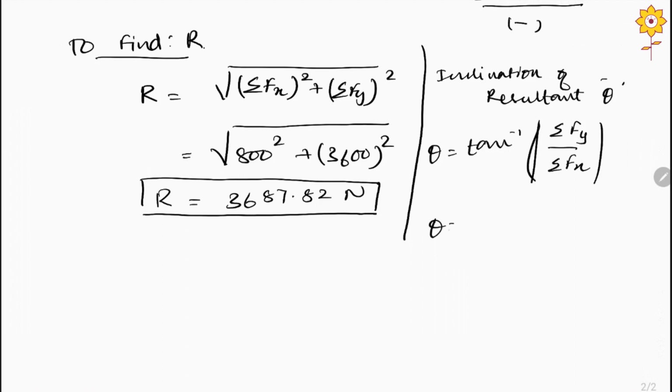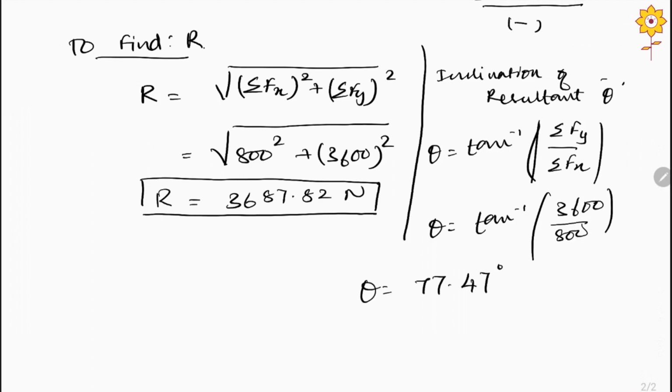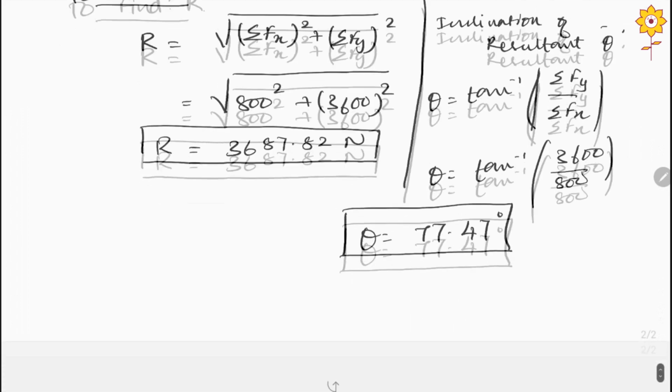So theta will be equal to tan inverse of 3600 divided by 800. So theta will be equal to 77.47 degrees. So now we have completed all the 4 steps. We found out f of x, f of y, and resultant and theta.